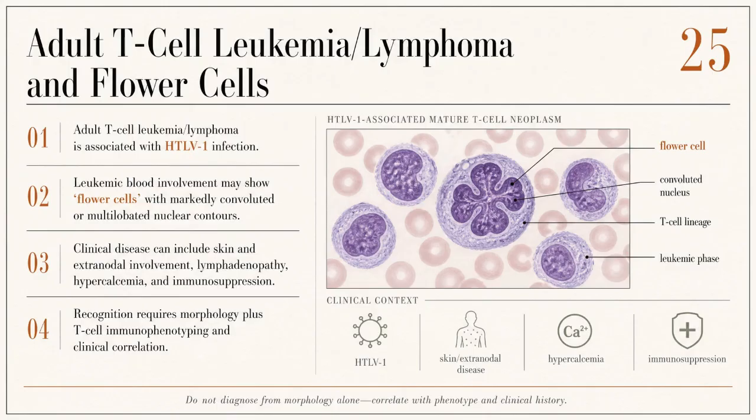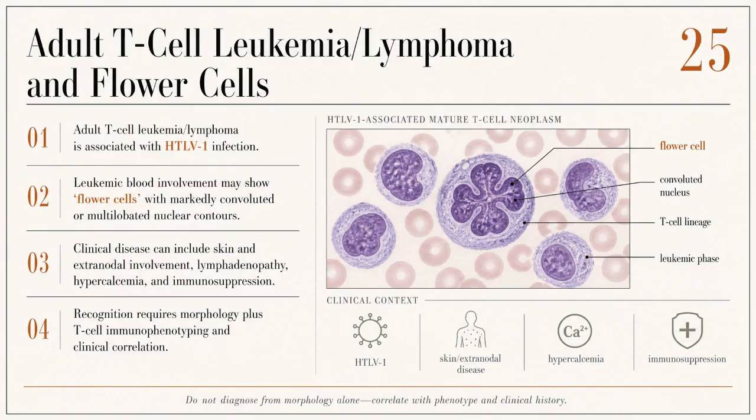Preserving these delicate nuclear contours during smear preparation requires meticulous technique. Rapid drying and gentle spreading are necessary to avoid artifactual distortion of the nuclear lobulations, which could obscure this diagnostic clue. Fixation protocols must balance cellular preservation with antigenicity retention, especially when subsequent immunohistochemical or flow cytometric studies are anticipated.